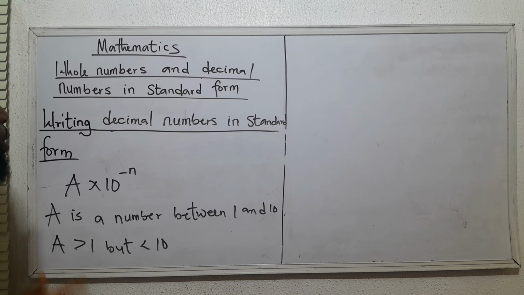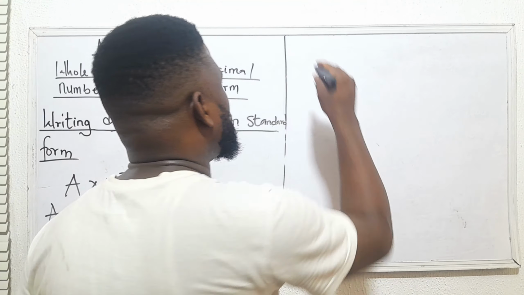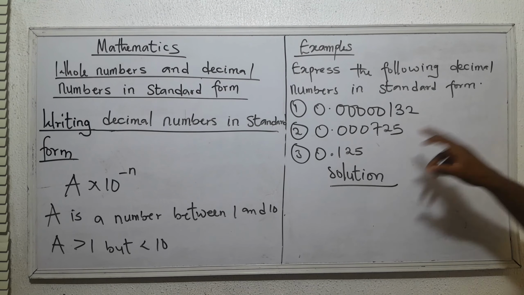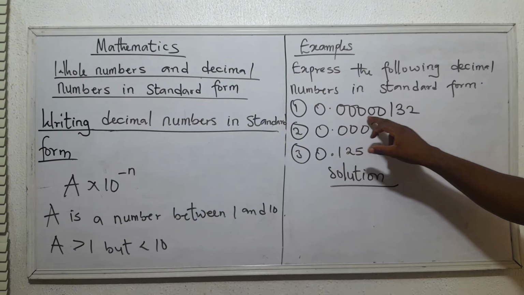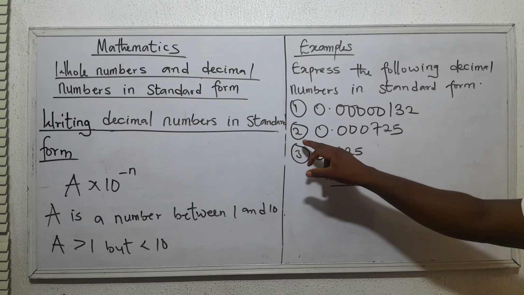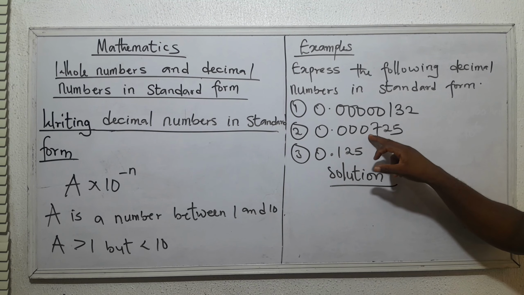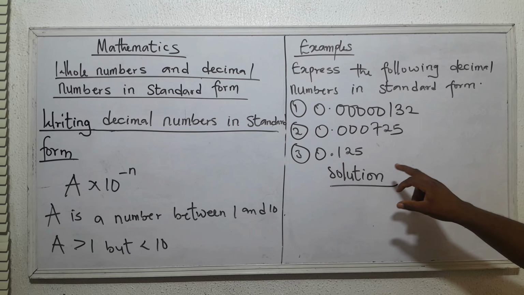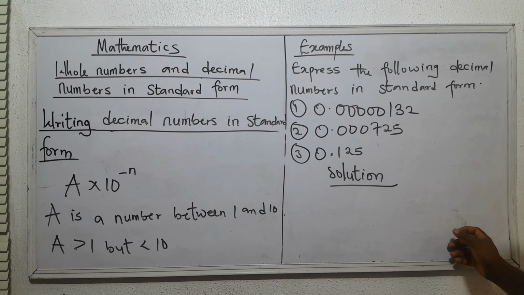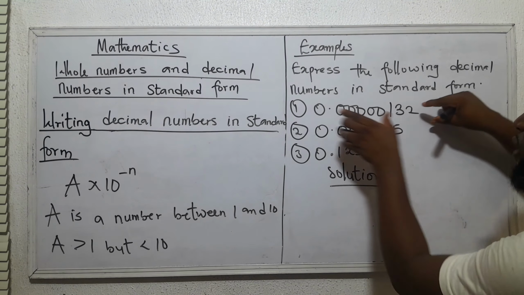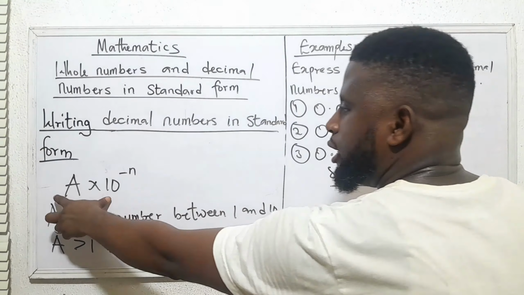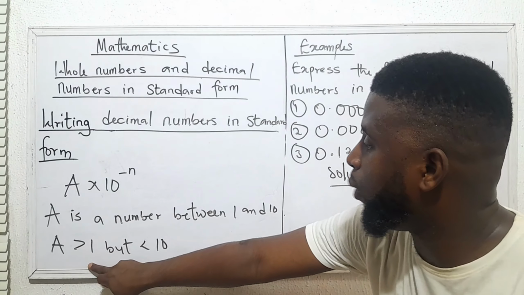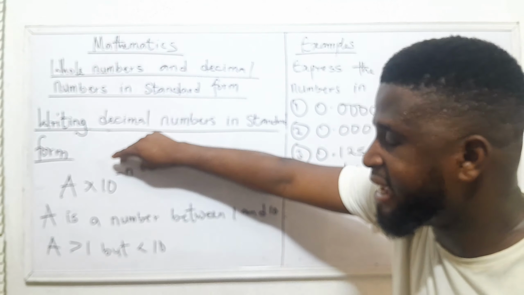Right? Now, how do we achieve this? For example, express the following decimal numbers in standard form. Number 1, 0.000000132. Number 2, 0.0000725, and then number 3, 0.125. Right? Now, our aim is to express these decimal numbers in this form where a is greater than 1 but less than 10, and our n is what?